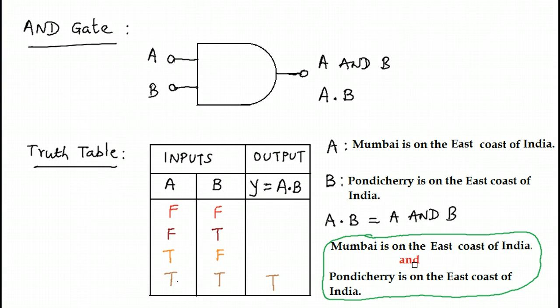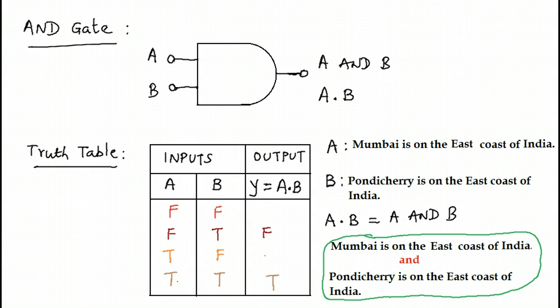And the obvious answer is no. In other words, this statement on the whole must be false. And this brings us to the second row of our truth table. You can see A is false, B is true, and so obviously A and B must be false.